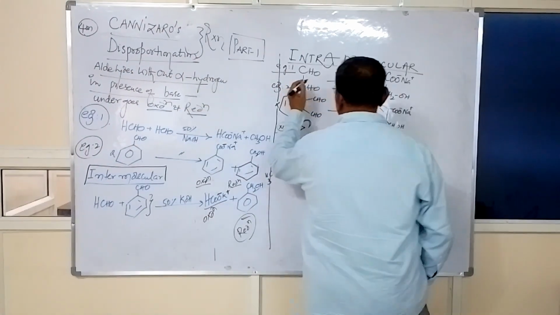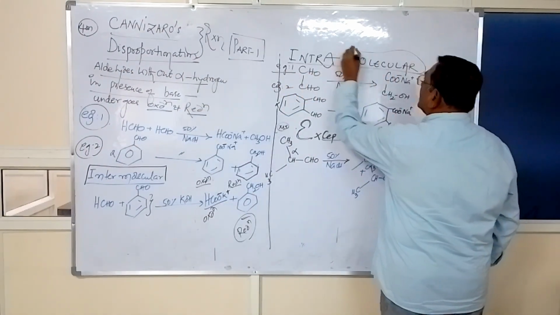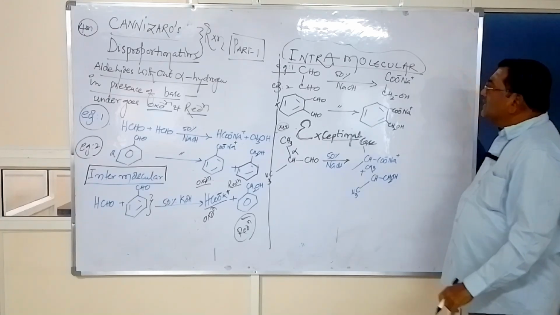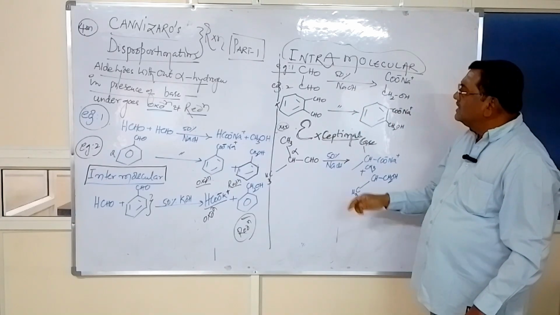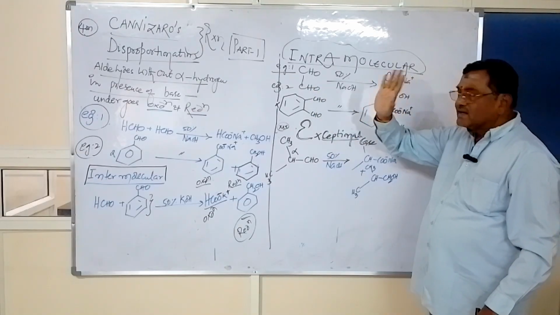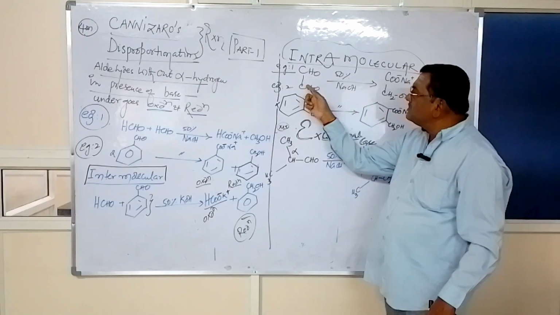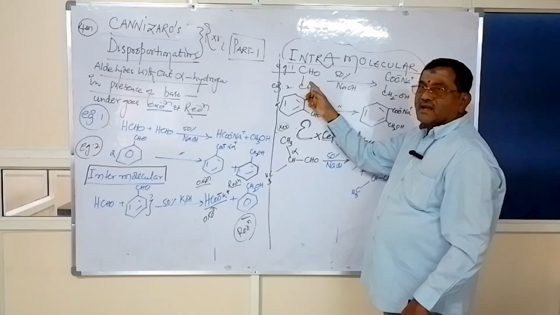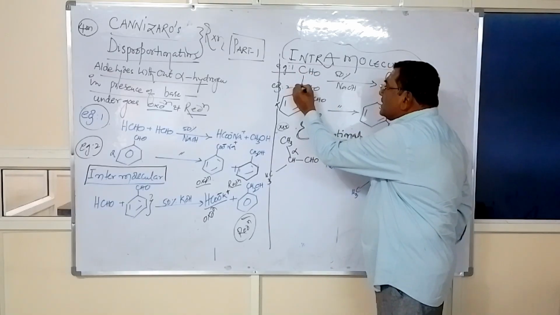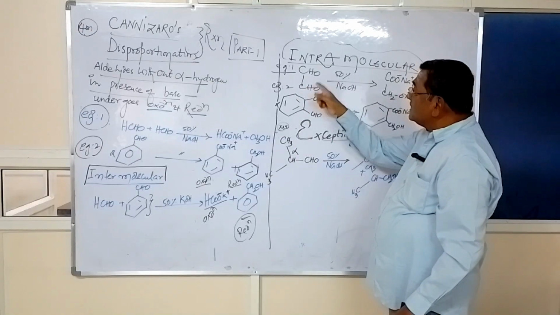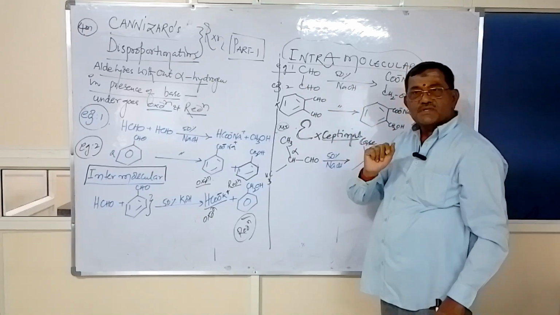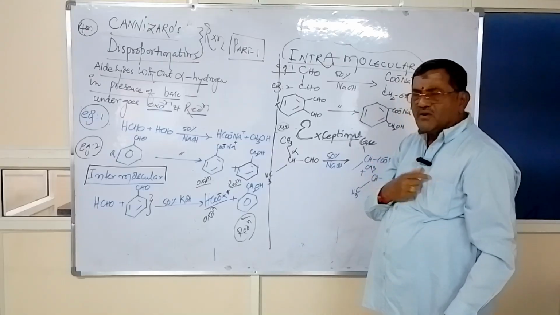Let's come to the third phase, intramolecular, the Cannizzaro reaction within the molecule. Here there is a very good IUPAC name. Its common name is glyoxal, CHO attached with CHO. But I am giving you its IUPAC name once again. Majority of you know it, I think.